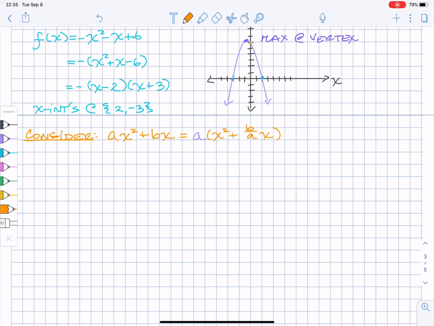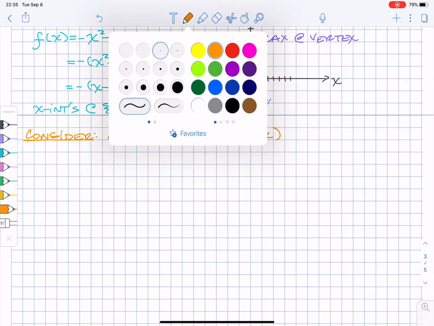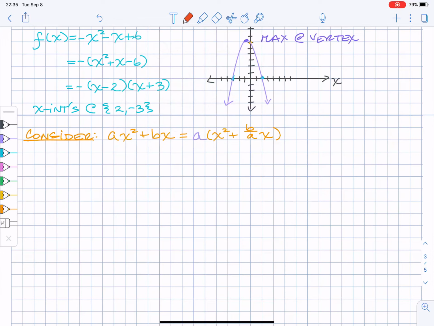So want to get to arrive at a times x minus h quantity squared plus k.